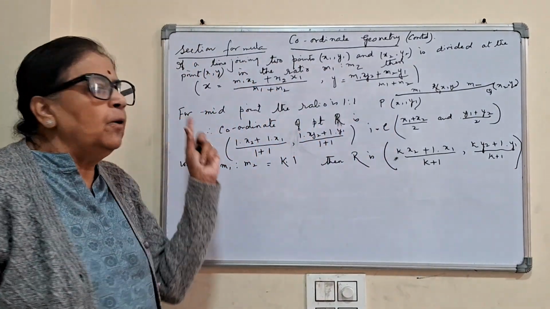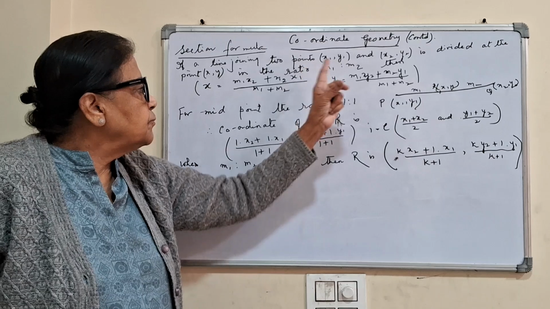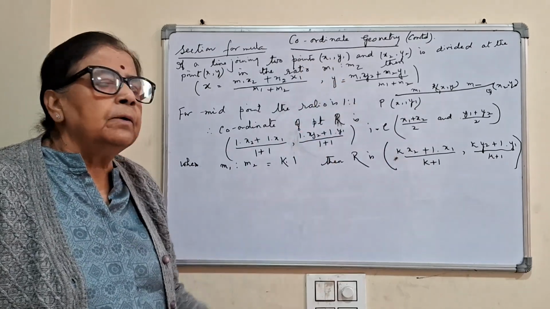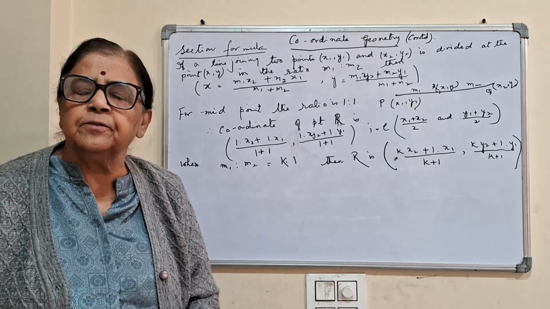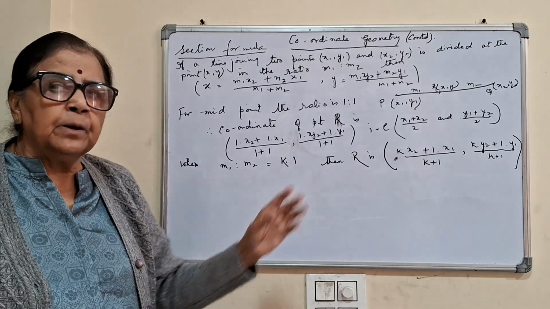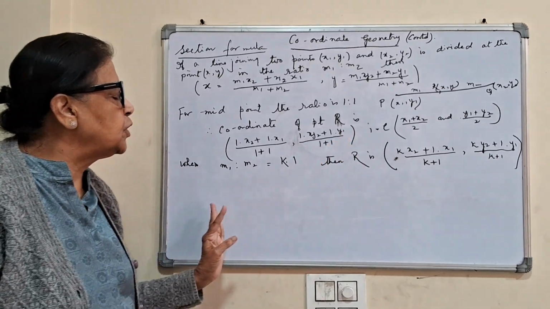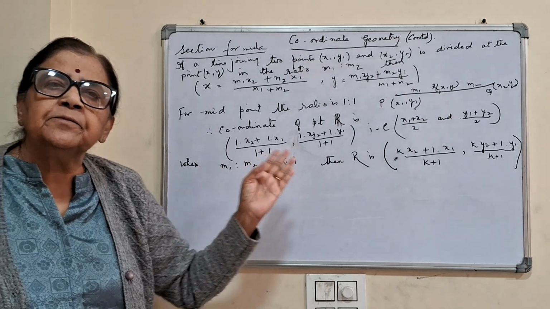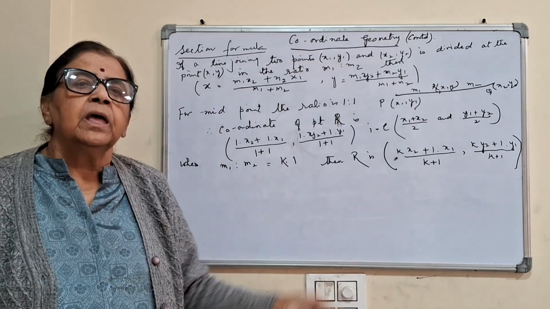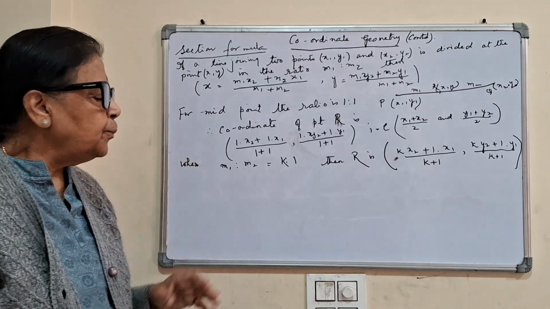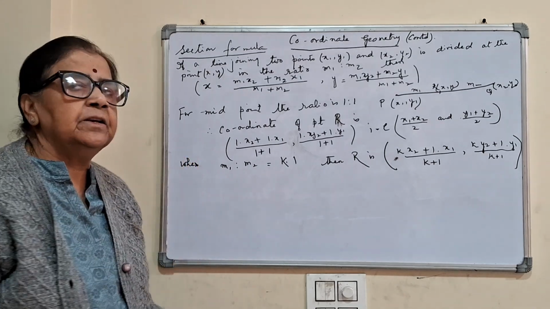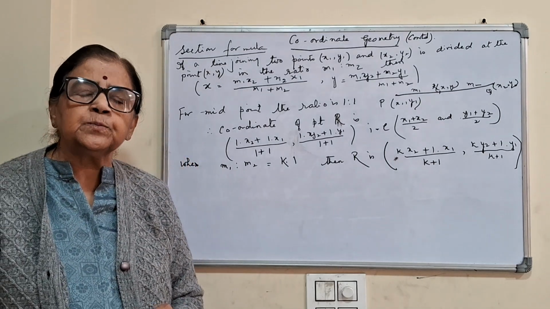That means with the help of all three formulas, we will be solving the position of the point where it is divided, the position of the midpoint, and the position of the point where it is divided into k is to 1. Suppose 4 is to 1. Now it is divided internally, since it is plus.